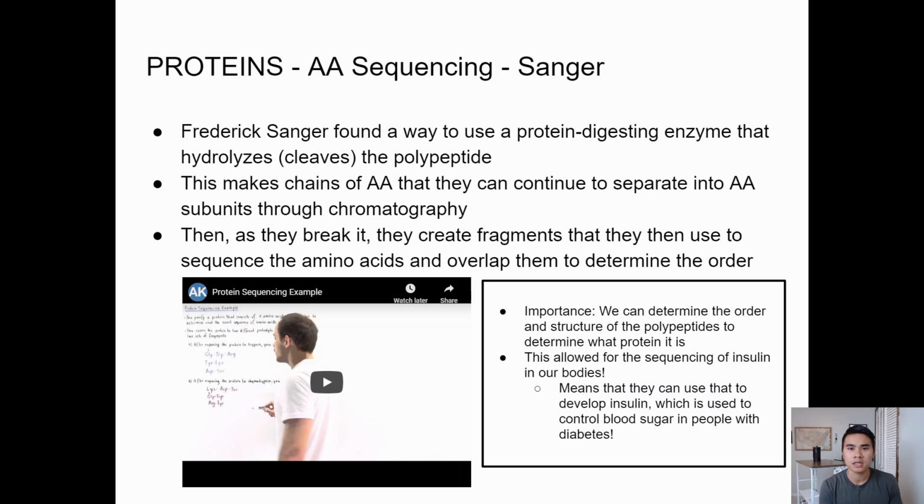So this was key in the discovery of the sequence of amino acids, which now allows us to create insulin, and insulin is used as a treatment for diabetes to maintain blood sugar. That's awesome, being able to understand the amino acid sequence. It's like a blueprint of how to create that protein.